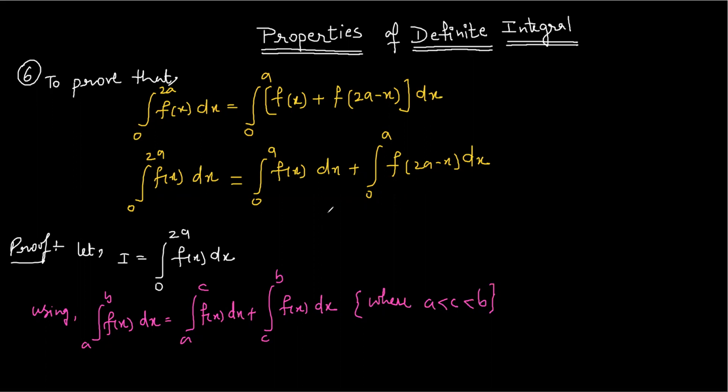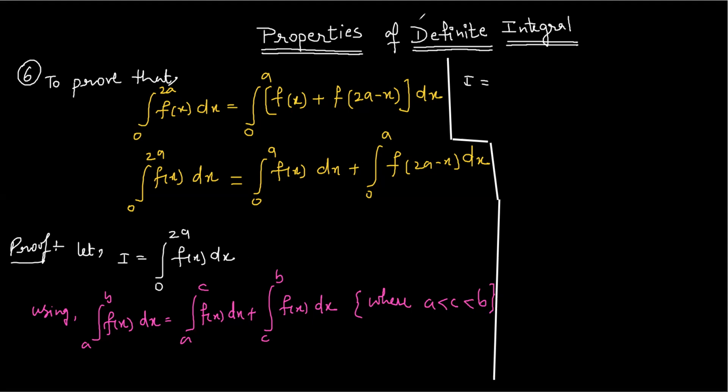So here 0 to 2a. I will write 0 to 2a as, so when I do this, I get I equals, I'm using this property here.